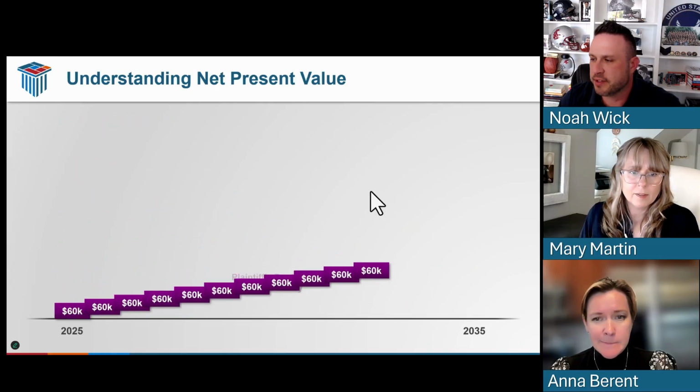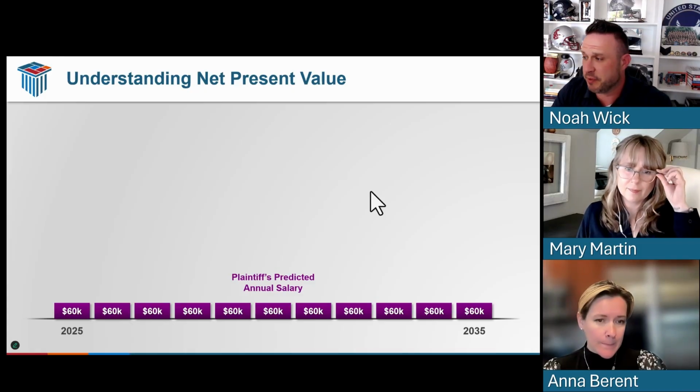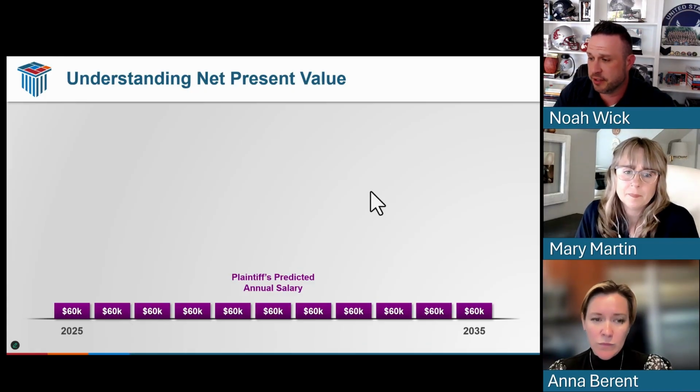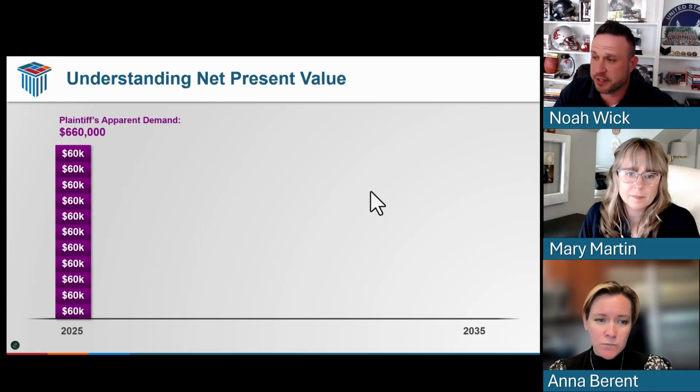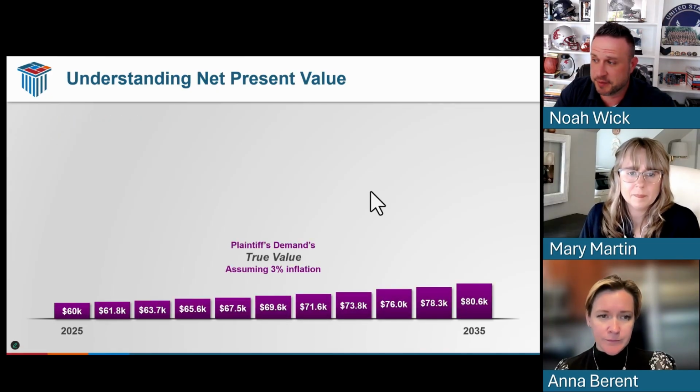Go back to that. So here's a graphic where we're showing understanding net present value. We have the plaintiff's predicted annual salary over 10 years, and then the plaintiff's apparent demand and the true value.